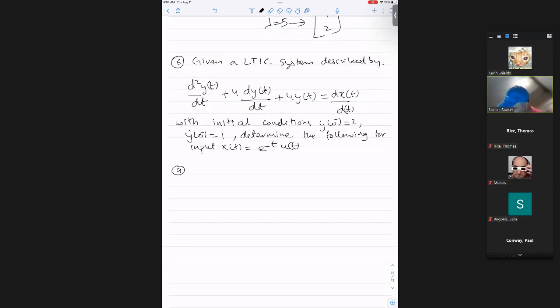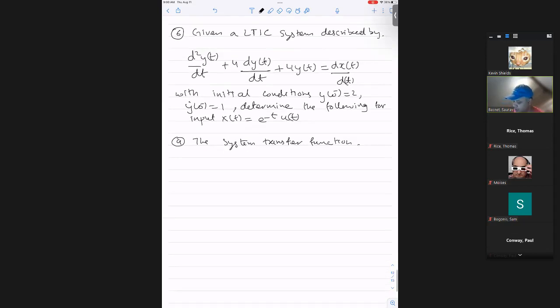So number A, the system transfer function. How do you find the system transfer function? Y of s over X of s. I just said t instead of s, my bad.